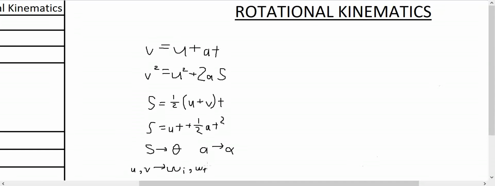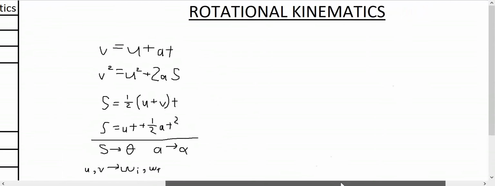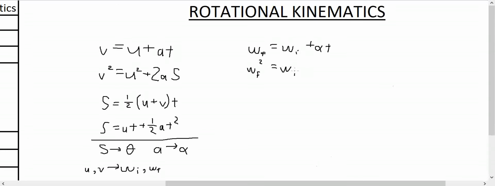Omega initial, omega final. Okay, so you do these conversions, and you have omega final equals omega initial plus alpha t. Omega F squared equals omega I squared plus 2 alpha theta.